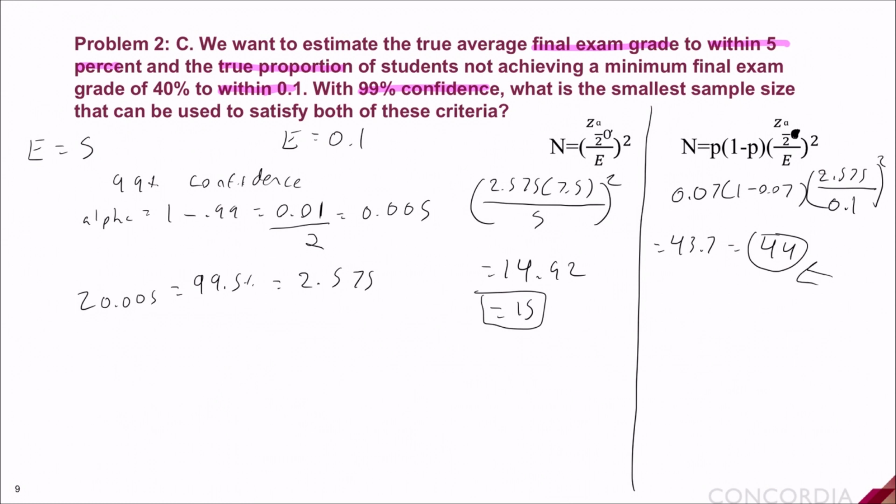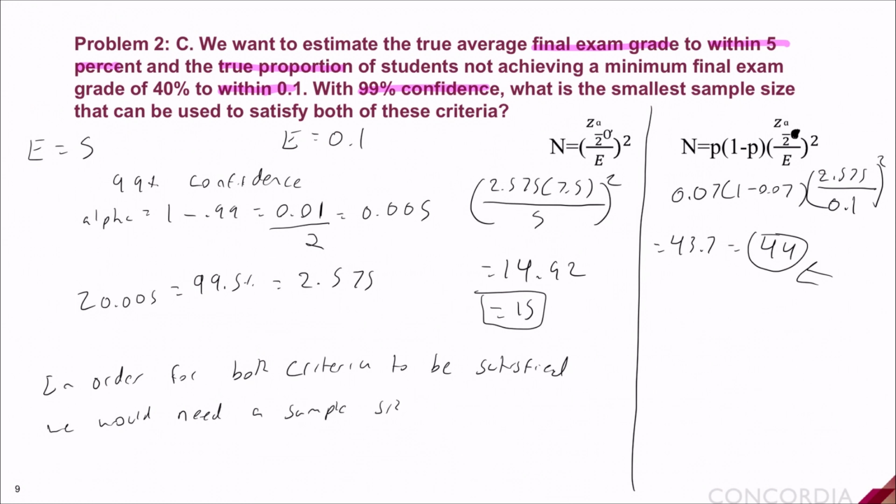And we can write, in order for both criteria to be satisfied, we would need a sample size of at least 44 students. Let us move on to problem 3.